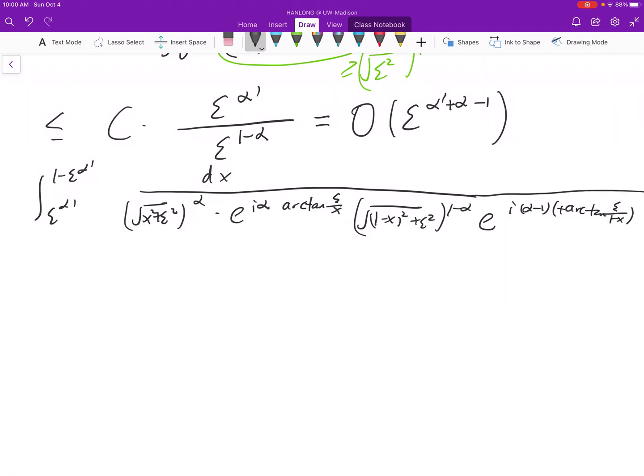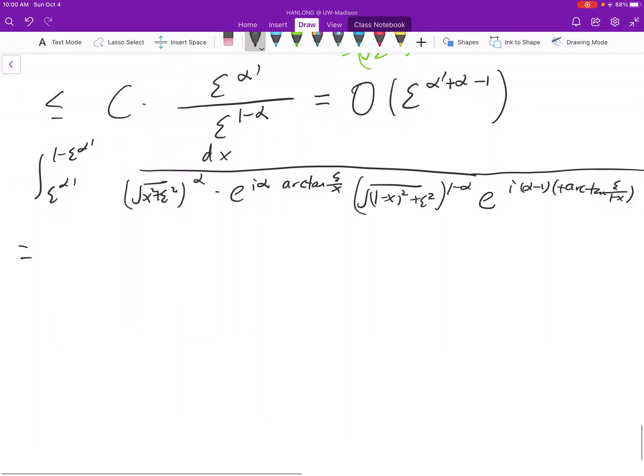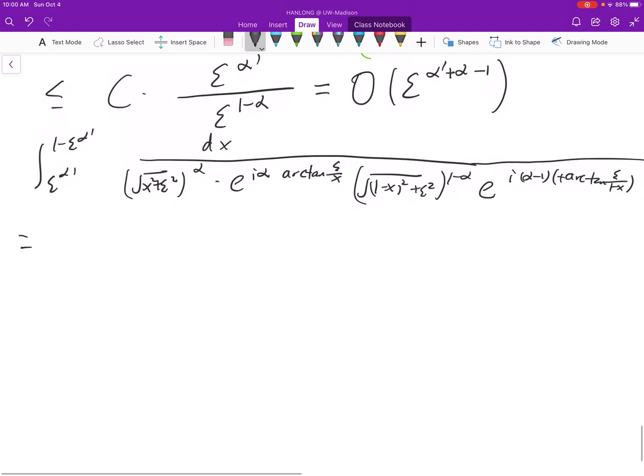The angle exponential part is not important at this moment, but for the next J1 part, the angle is important because it will give you some phase shifting. Okay, when you plug in, how do we bound this one?